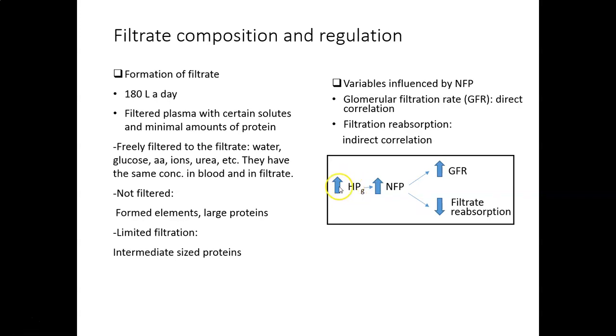So the higher the HPG, the higher the NFP. And the NFP also directly influences how much filtrate you can generate per minute. So that's called glomerular filtration rate. So the higher the NFP, the more filtrate you can generate.